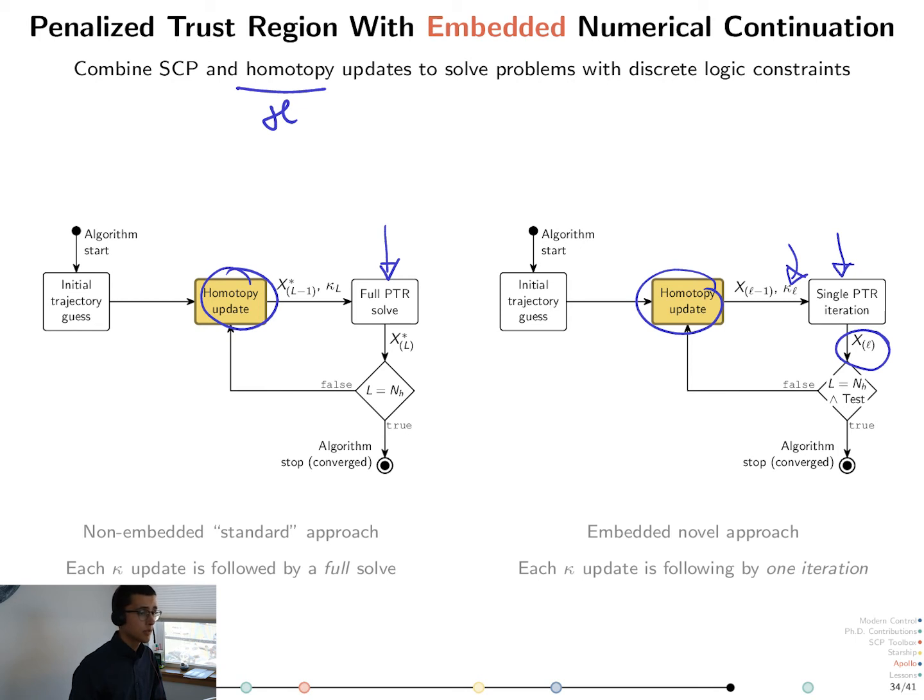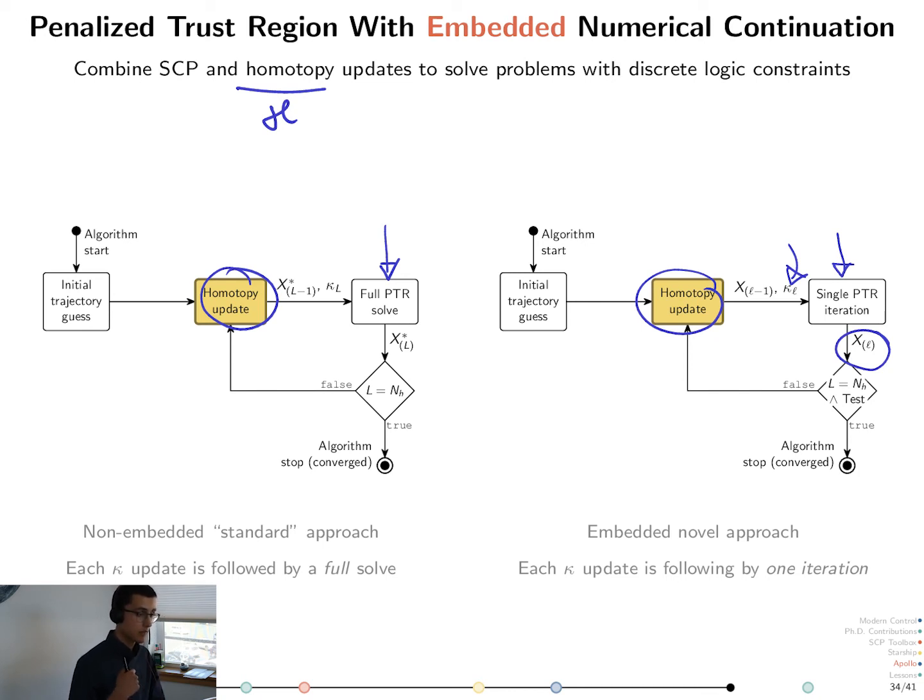You will get some new reference solution, okay? And then you will test that reference to see how well you did for this value of kappa. And according to a decision logic, you will decide whether it's a good enough time now to update the value of kappa again, okay? And we'll go over what this discrete logic is in the next slide.